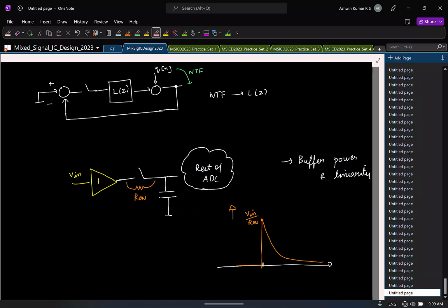And also more fundamentally, let us say my input has a frequency at k times fs plus delta f. If I sample it at a frequency fs, what will happen after sampling? It will alias back to delta f.